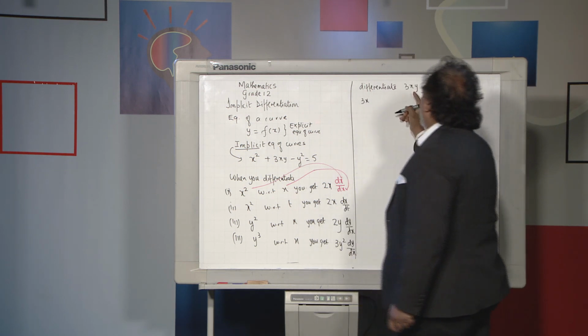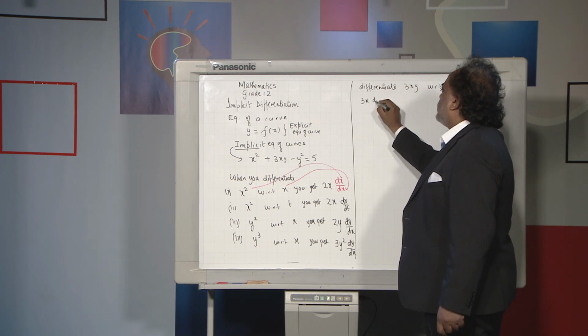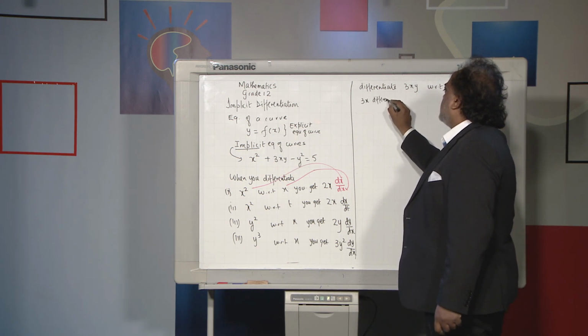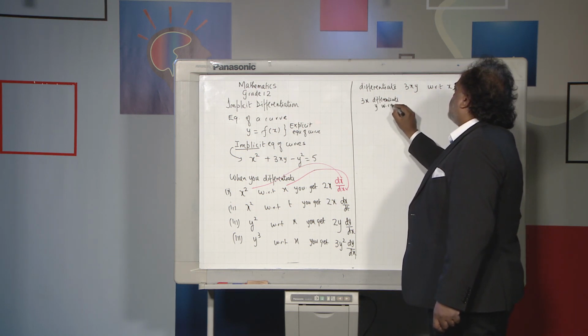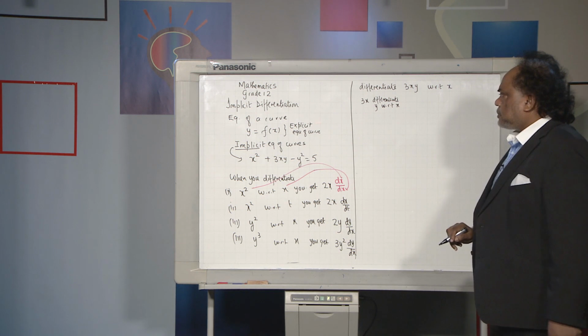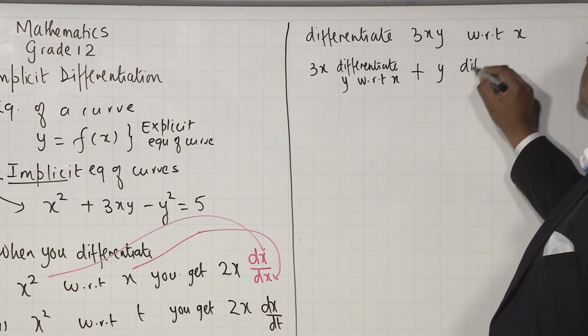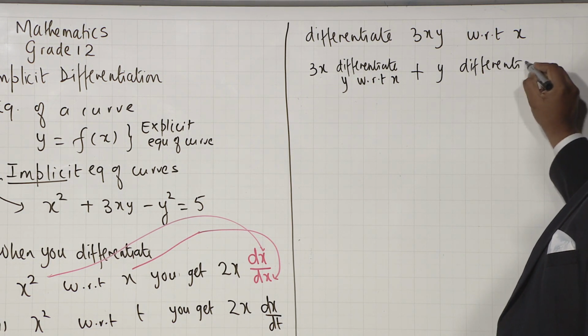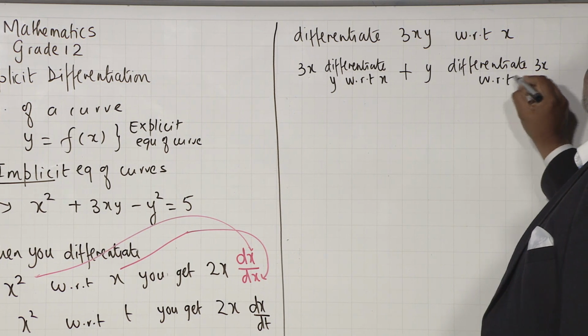I keep 3x as it is, I differentiate y with respect to x, plus keep y, differentiate 3x with respect to x.